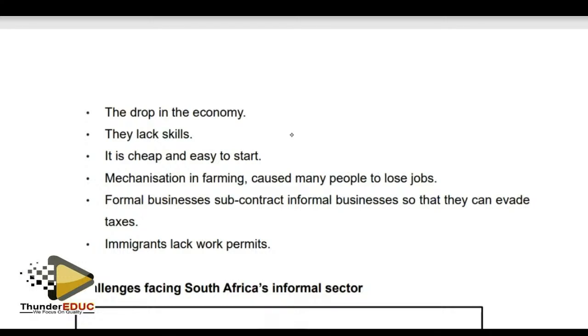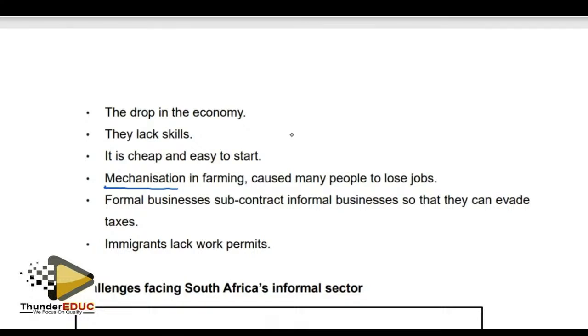Mechanization in farming causes many people to lose their jobs, because we know with mechanization, tractors or machines are replacing people, meaning the majority no longer have jobs, which means they have to find other means of surviving. That is why they resort to starting their own businesses. And another reason, formal businesses subcontract to informal businesses so that they can evade taxes.